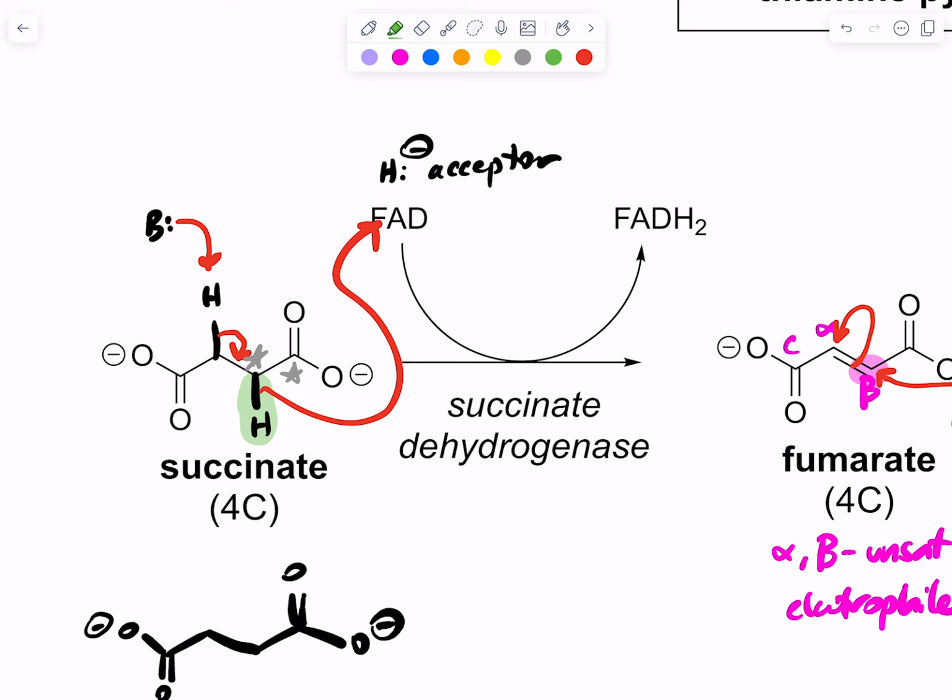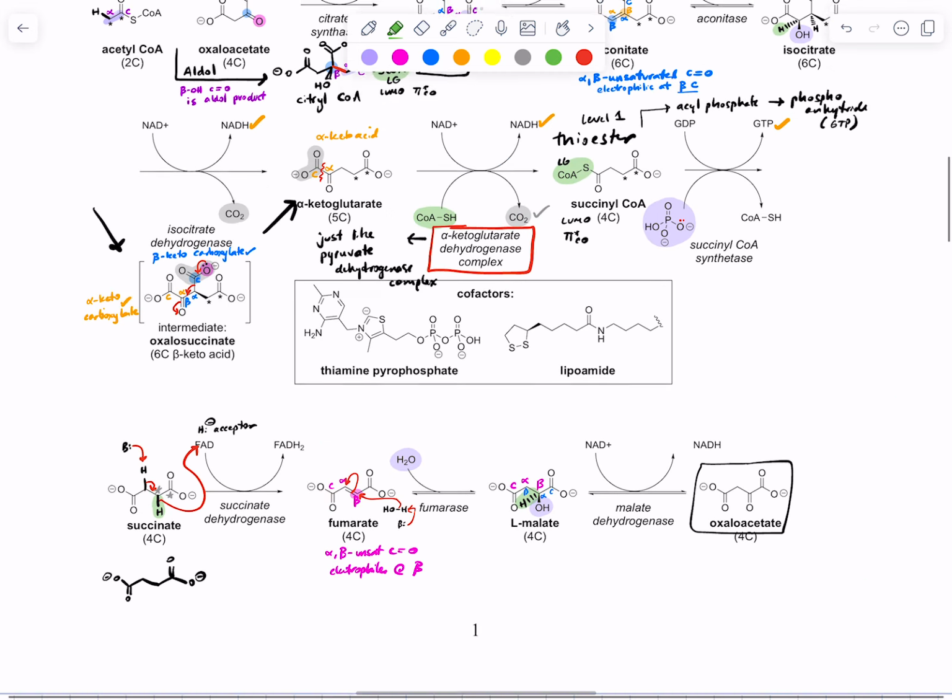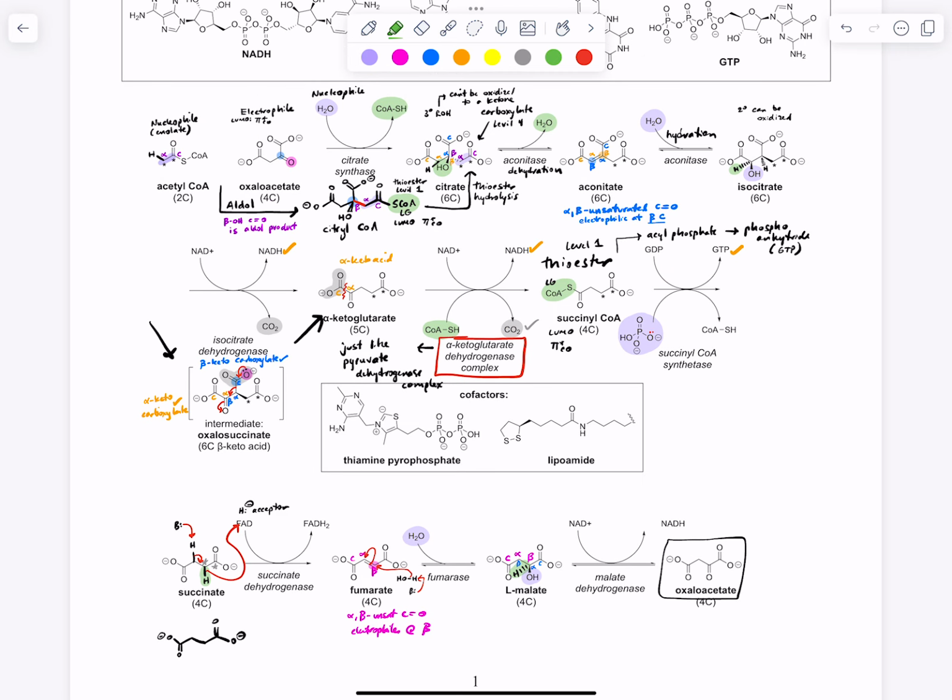All right, others? So that's your overview. You're going to want to know the intermediates. You're going to want to know the starting materials and products of each reaction, what they're called. You want to know the names of each enzyme. And then we're going to work on arrow pushing. Again, if you approach this with just, oh, I need to memorize it, it's going to be really hard.